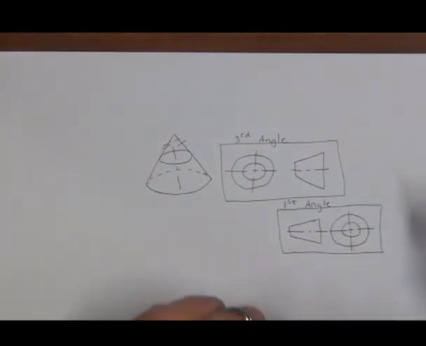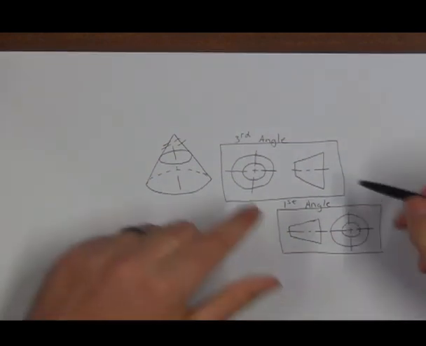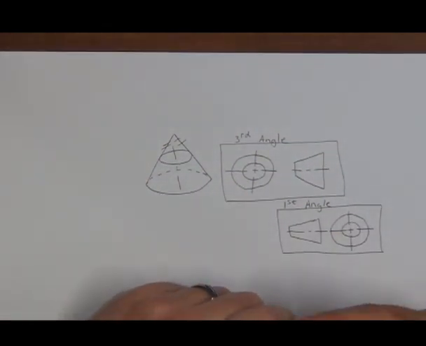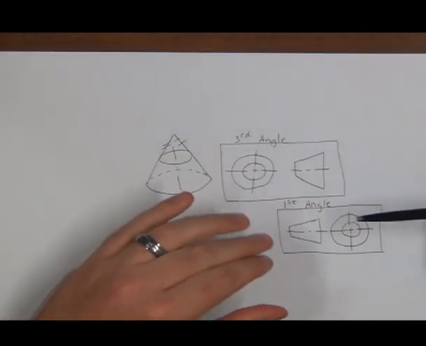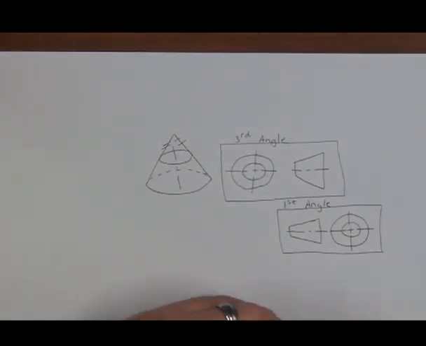So that is first angle projection. The one isn't more right than the other one. It's just basically a standardized way of making these drawings.